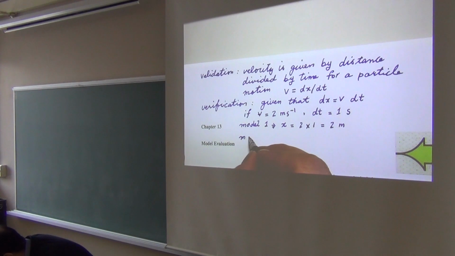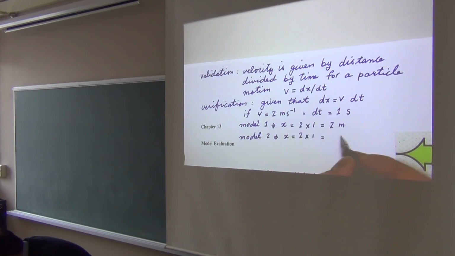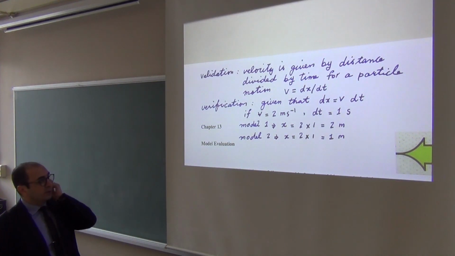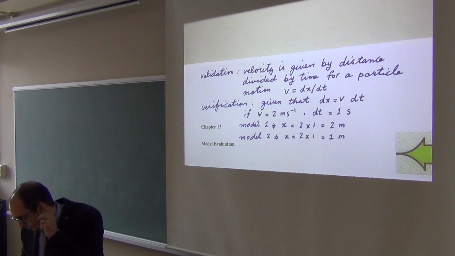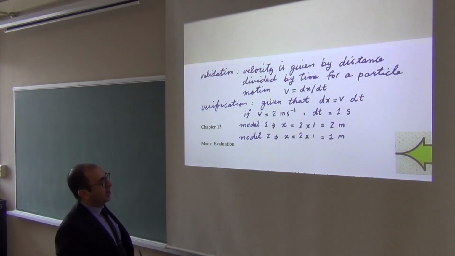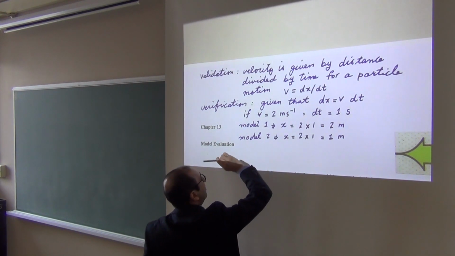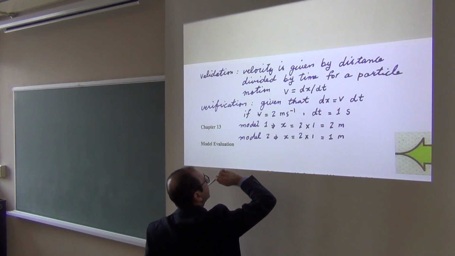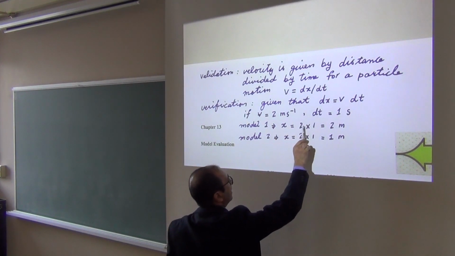I make another model, that's model 2. And I find that x is equal to 2 times 1 is equal to 1 meter. I made 2 models. Well, I already know I'm using the right equation, okay? But am I solving this equation right between the 2 models? Well, in the first case, I am.